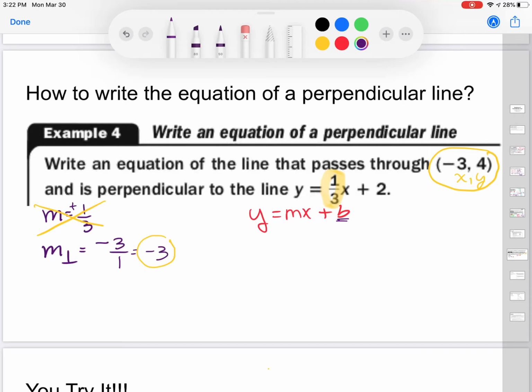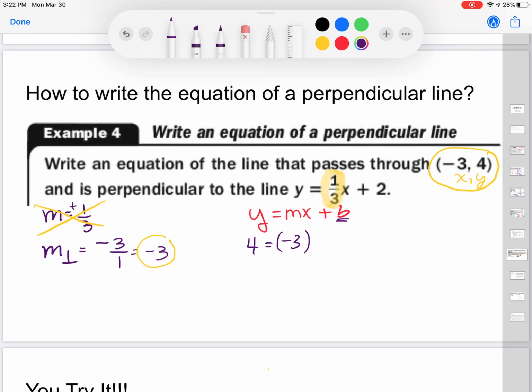Where you have a y, we're going to replace that with a 4 from our coordinate, the coordinate -3, 4. And then for the m, we're going to use our perpendicular slope, which is -3, and I'm going to put that in parentheses.